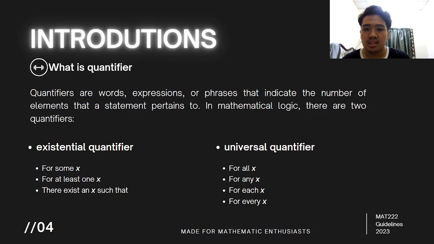The examples for the existential quantifier are: for some x, for at least one x, there exists an x such that. The x in this example is the unknown thing, while universal quantifier examples are: for all x, for any x, for each x, for every x.